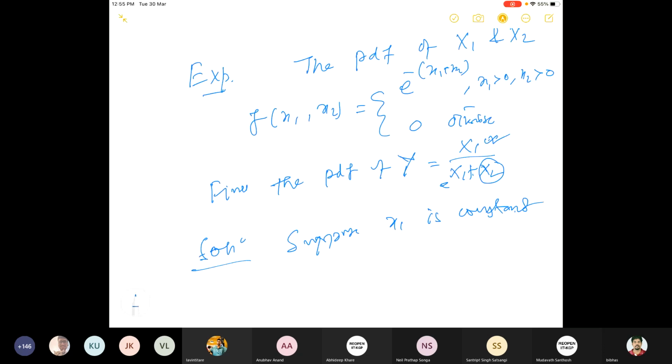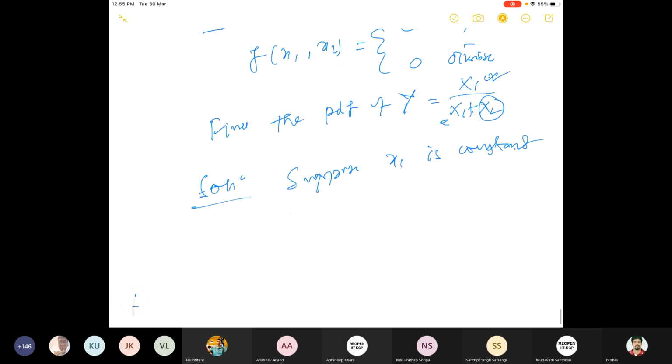So it depends on whether y increases or decreases when x2 increases, and we can find that using the transformation technique. This is a one variable situation, where y is a function of x2 only.